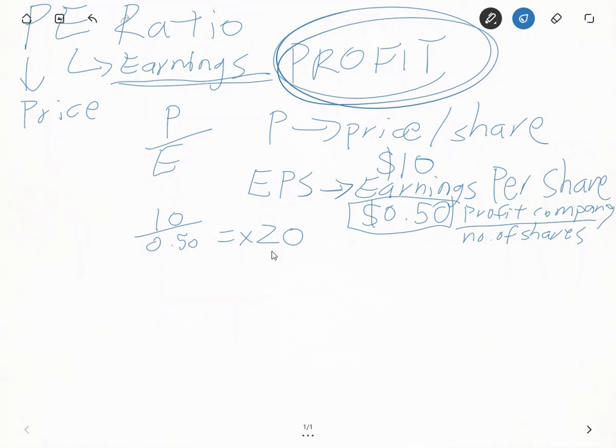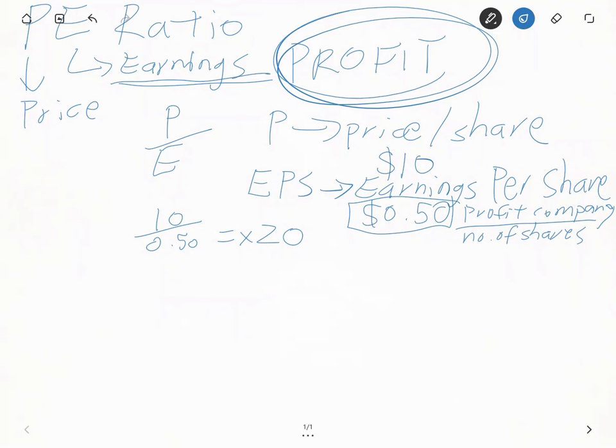Okay? So you might have another company that has a PE ratio of 30. And so would you rather pay $30 for a dollar of earnings, or would you rather pay $20 for a dollar of earnings? A dollar of earnings is a dollar of earnings, but it's not quite, and I'll talk about that in a moment.